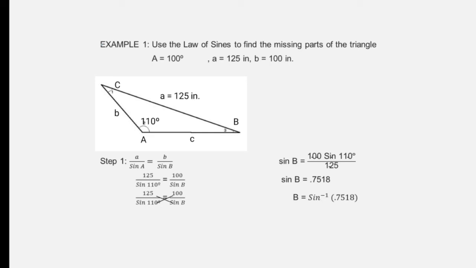So, sine B equals 100 times sine 110 degrees over 125. And this is the time that we should use the calculator.